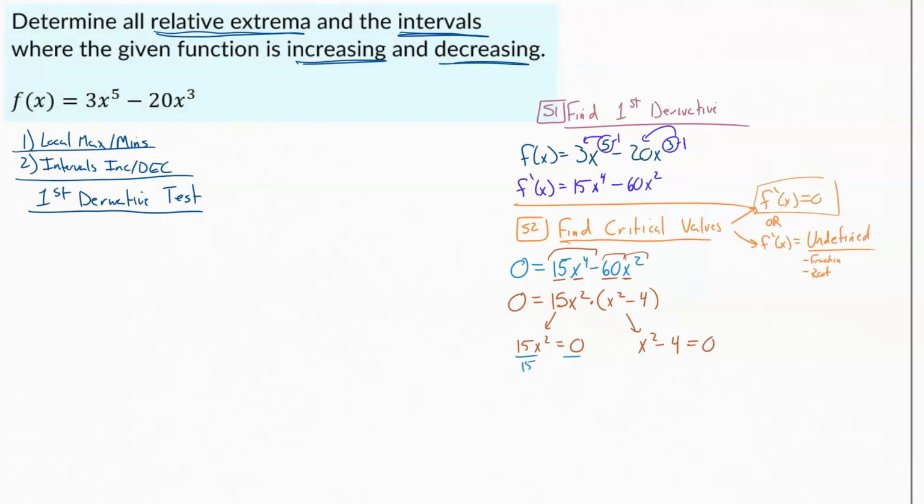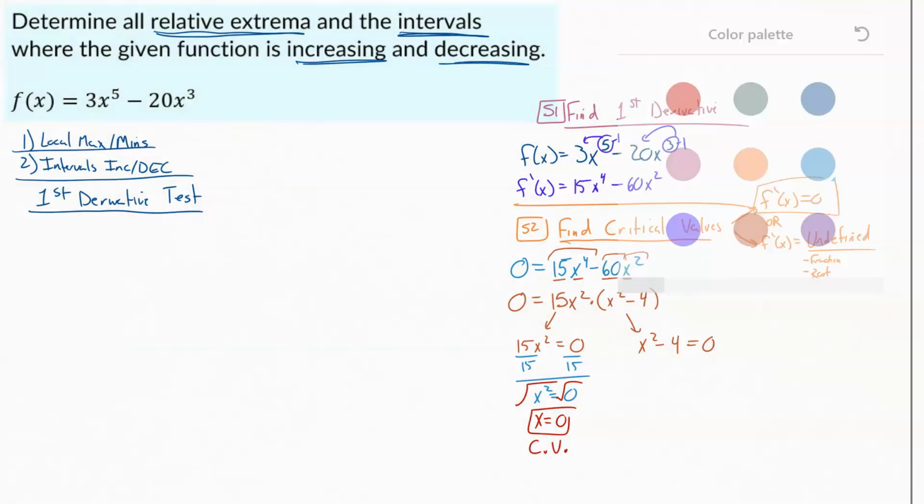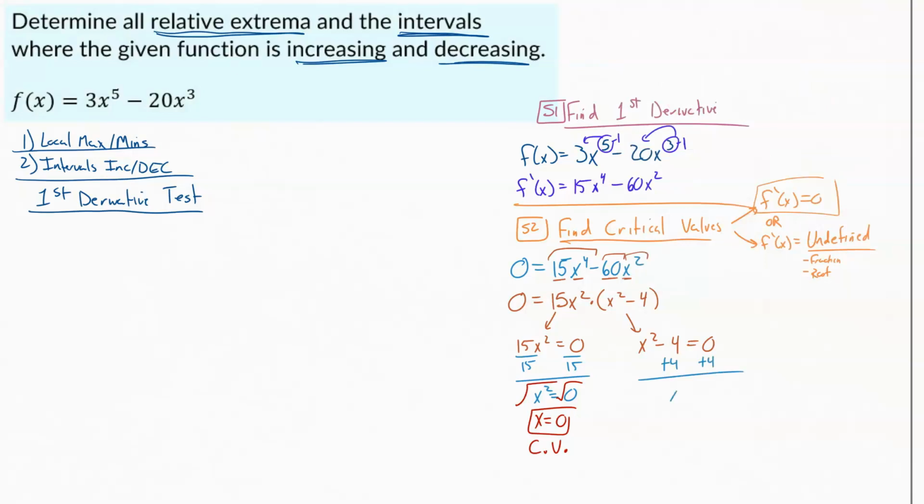So divide by 15, you get x squared equals 0, and then we go ahead and square root that, and we end up with x equals 0. So that is one of our critical values, our CVs is what I call it. Now we do the same thing with that other equation. So we go ahead and add a 4, we get x squared equals 4.